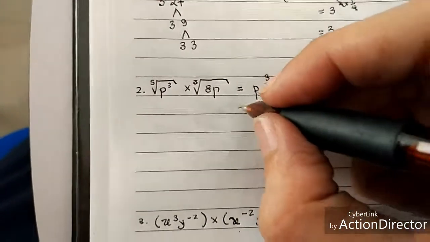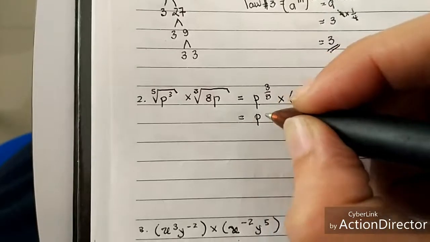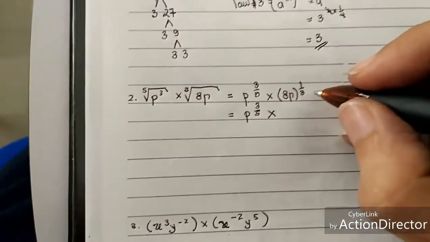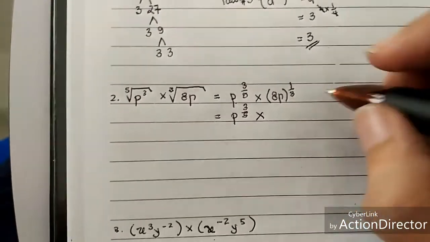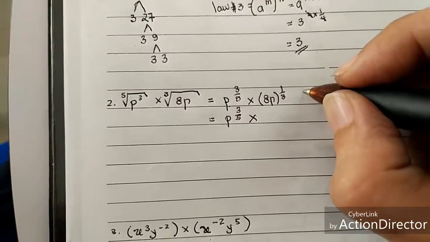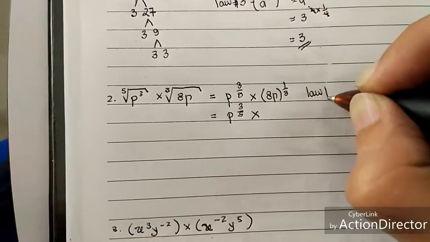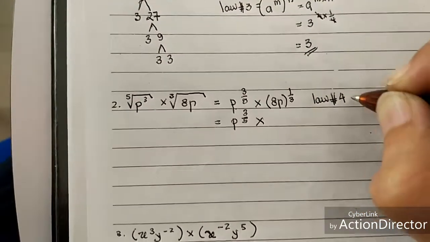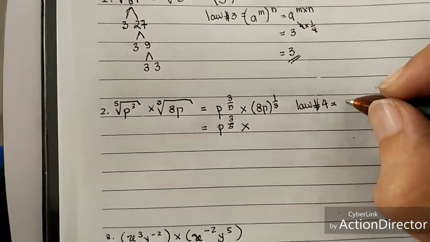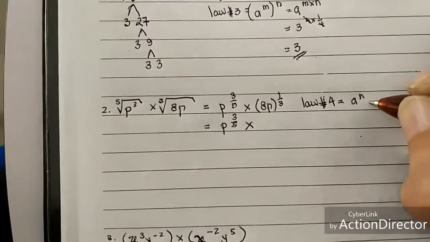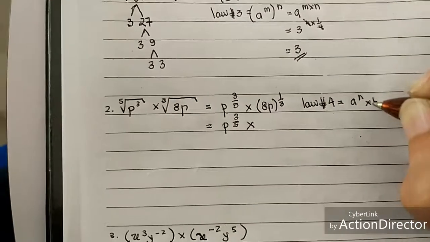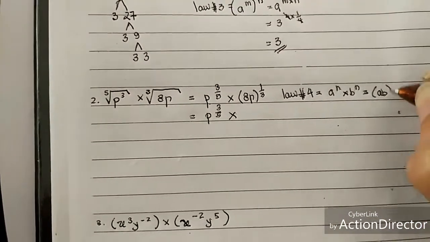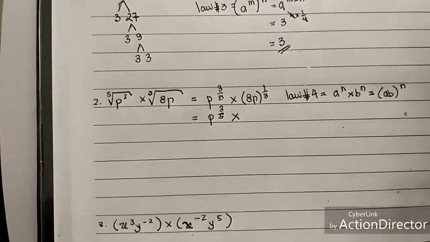Now, we cannot do anything on the first one, but we can do something for the second one here. Actually, according to law number 4, it says that a to the power of n times b to the power of n is equal to ab to the power of n.